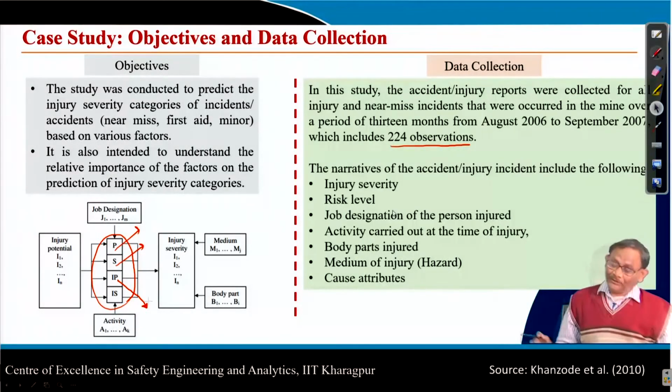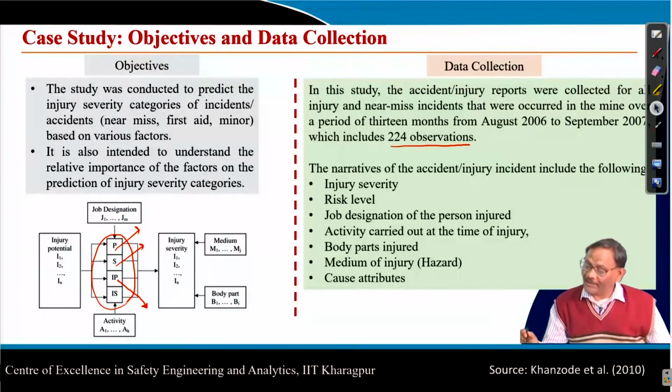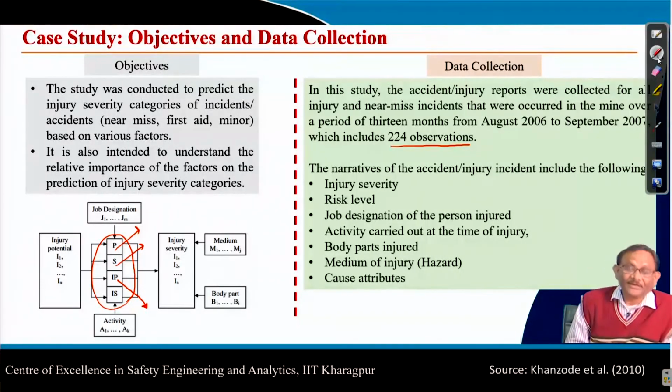Now, in addition to this, the mine particularly has a very interesting system. When they record the injury severity, there is the actual severity, and another one is what could have happened, that is basically potential severity.